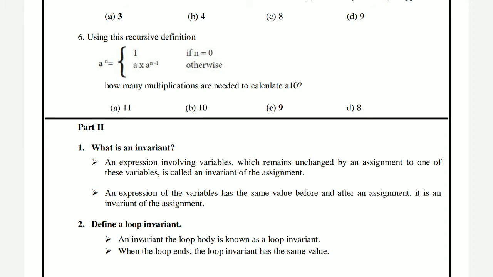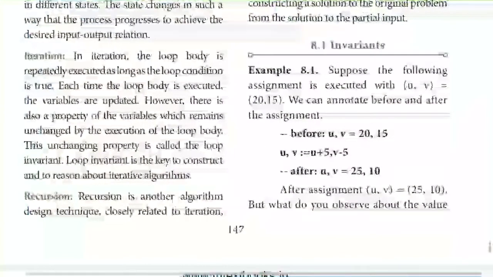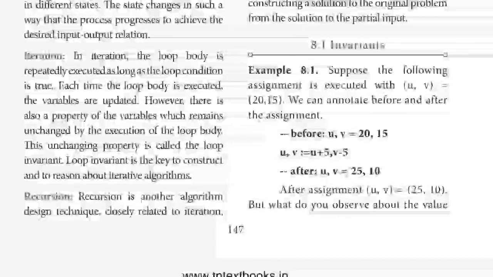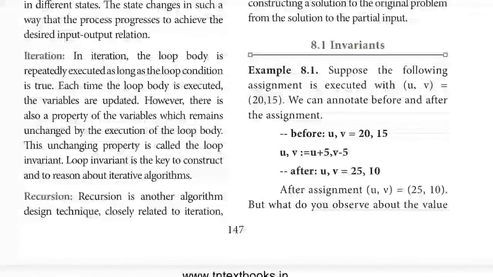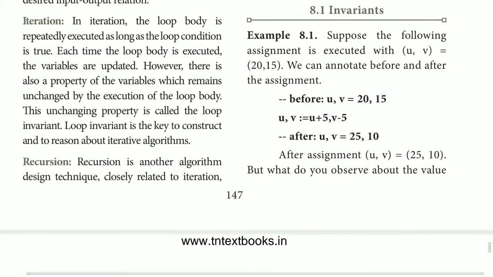We'll see an example here. Example 8.1: suppose the following assignment is executed: u, v = u + 5, v - 5, where u, v = 20, 15 before the assignment. Here you can see that they are adding 5 to the value of u and subtracting 5 from the value of v.